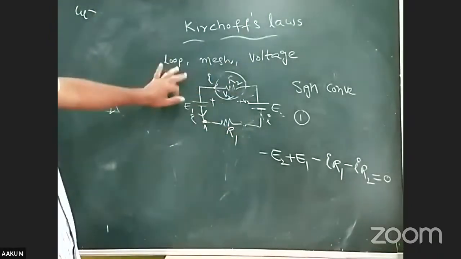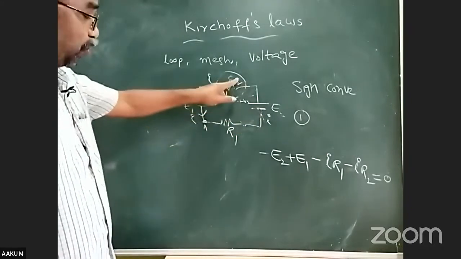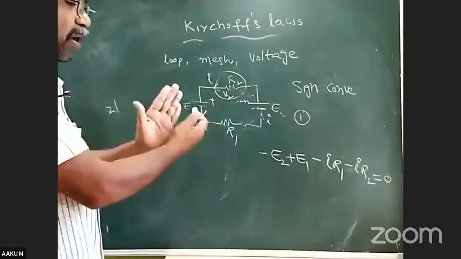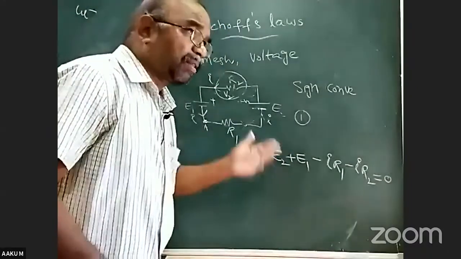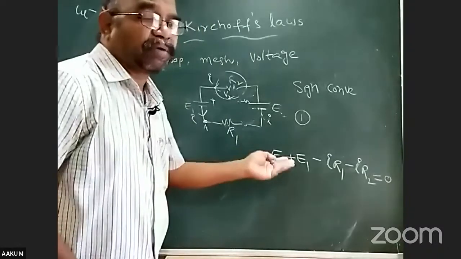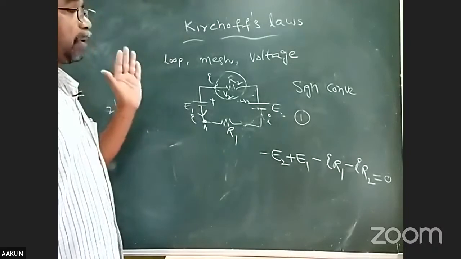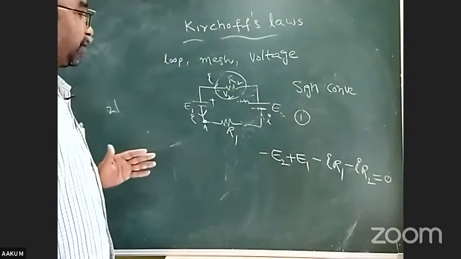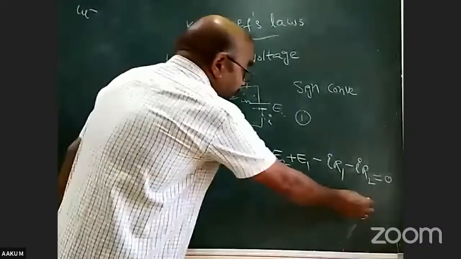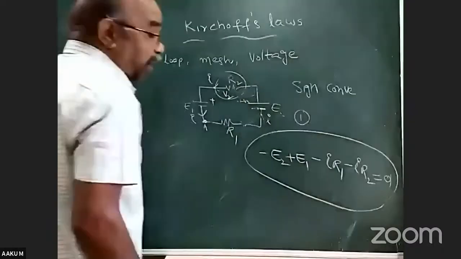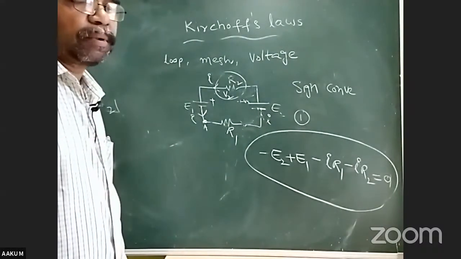So in the given circuit, two electromotive forces are there and two potential drops are there. Their algebraic summation is equal to 0. Algebraic means giving sign to the given parameters and then adding. This is Kirchhoff's mesh law, voltage law, loop law, or second law. In a closed loop, the algebraic sum of electromotive forces and potential drops is 0.